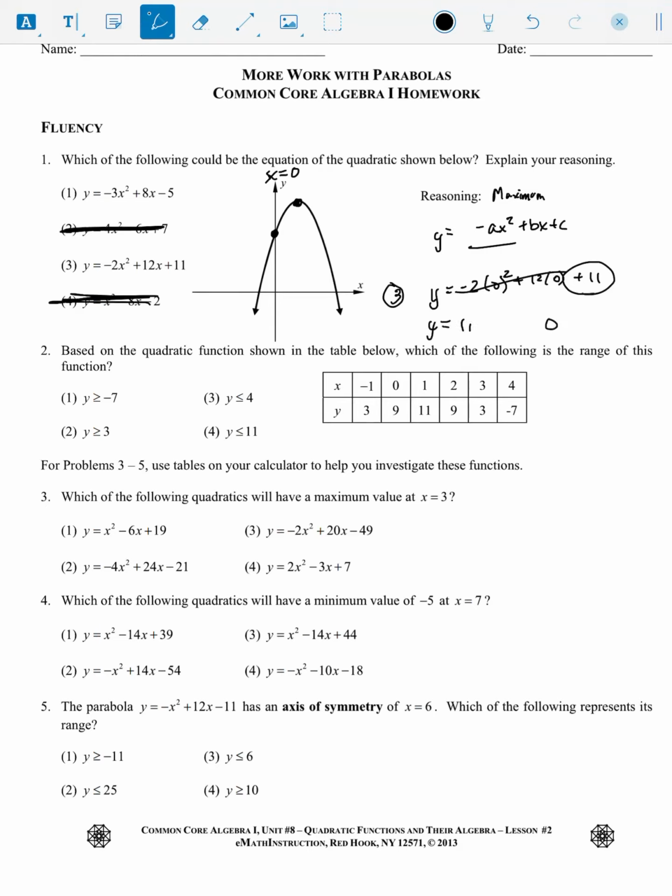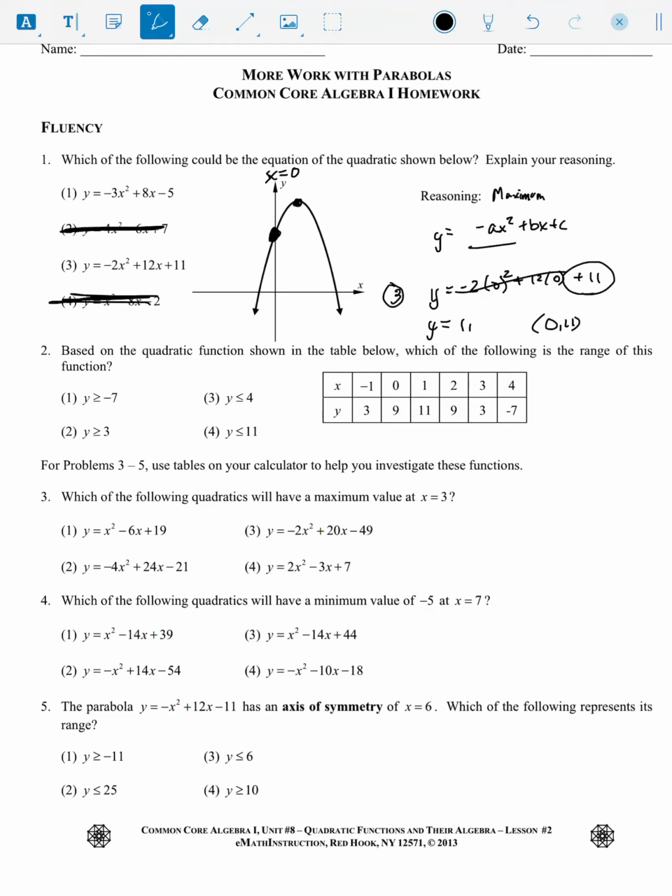Meaning that that point, 0, 11, is on my graph. Now, with that being said, that point 0, 11 happens to be right there at my y-intercept.